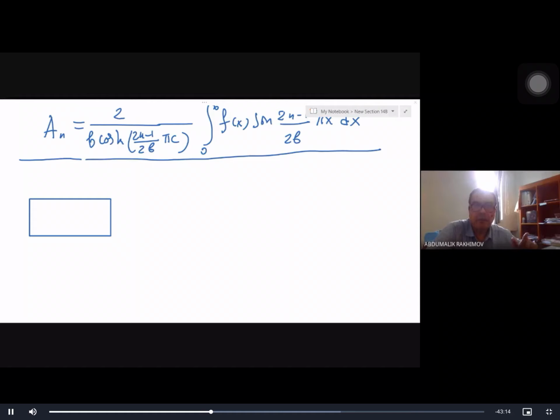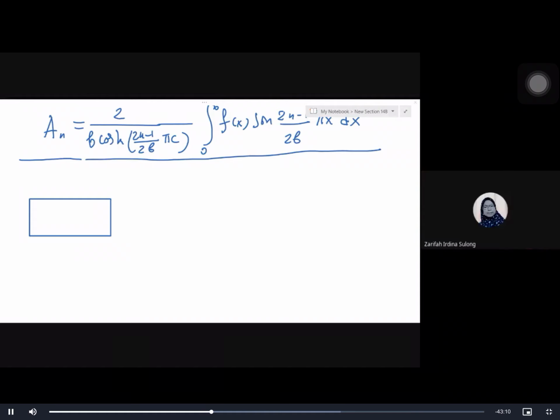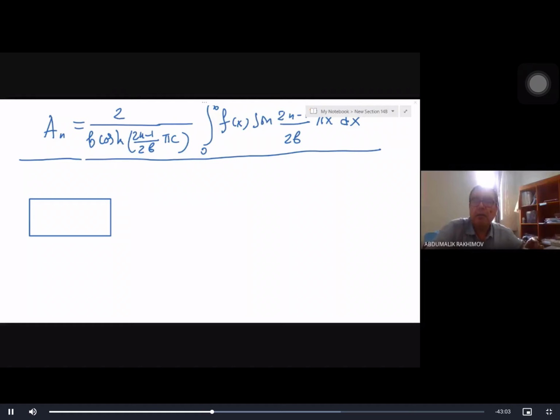Did you send WhatsApp or no? He typed in the chat box. Google Meet. Yeah, Google Meet. Okay. Are we supposed to do the split equation first to solve this question, or just use the formula that we got?